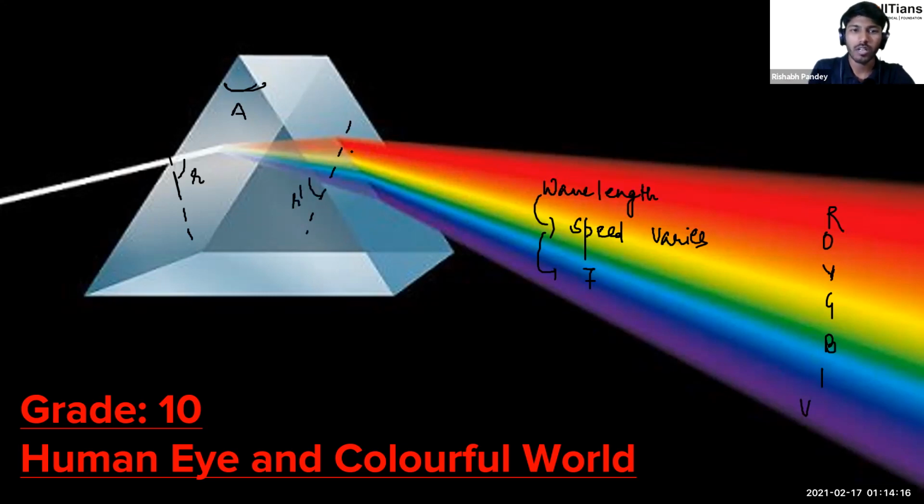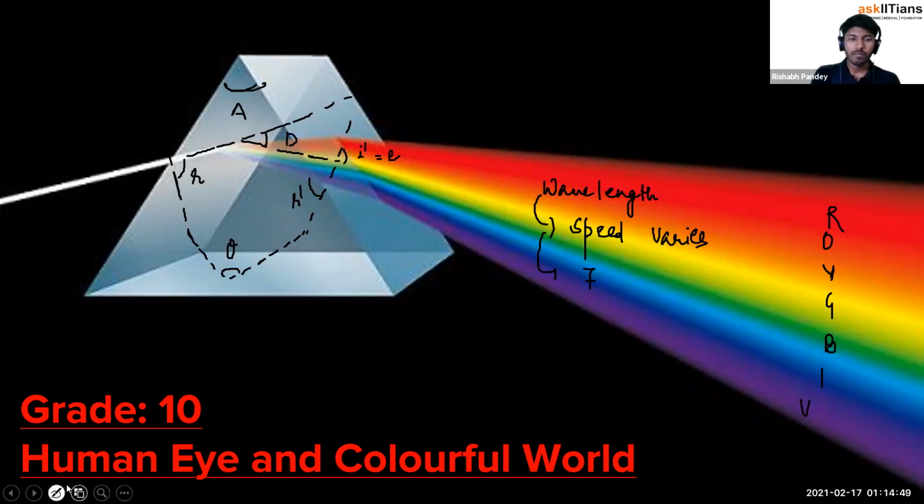This used to be r dash, and when the ray goes like this, then this used to be i dash, or you can also call it the emergent angle, and if these normals are joined together, then they form an angle that is called the angle theta. And obviously, this is the ray which was supposed to go like this, but it went like this. So this gives you the angle of deviation. So we discussed all of these things in the previous session.